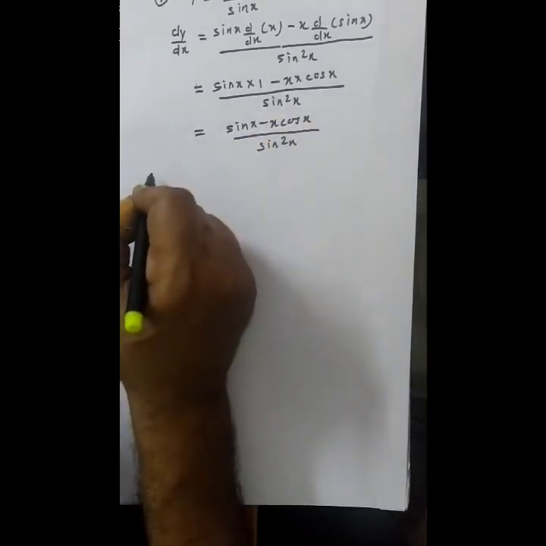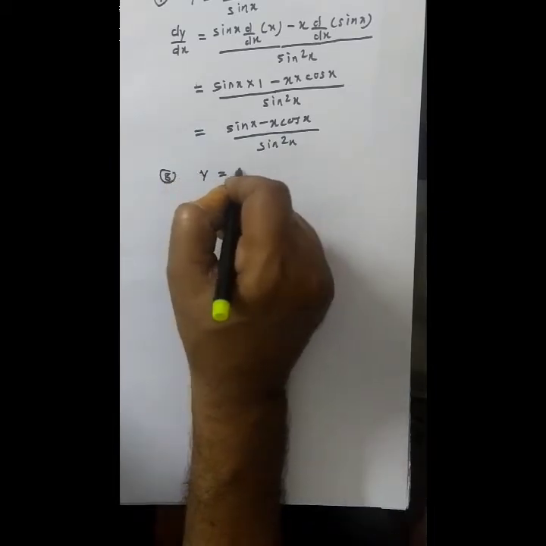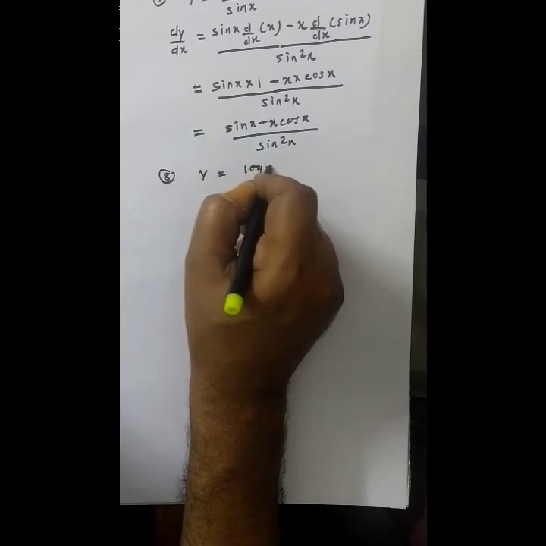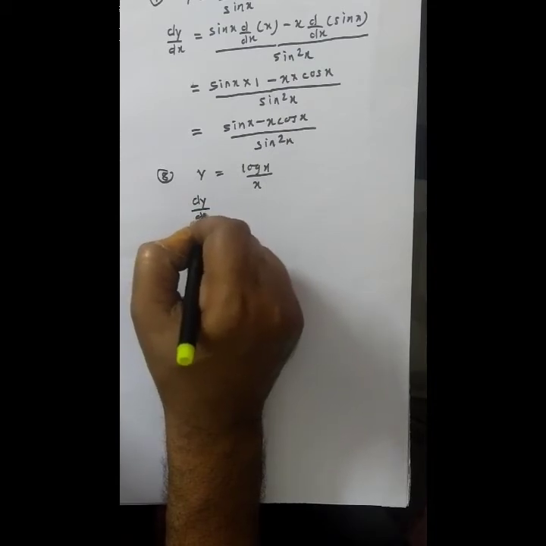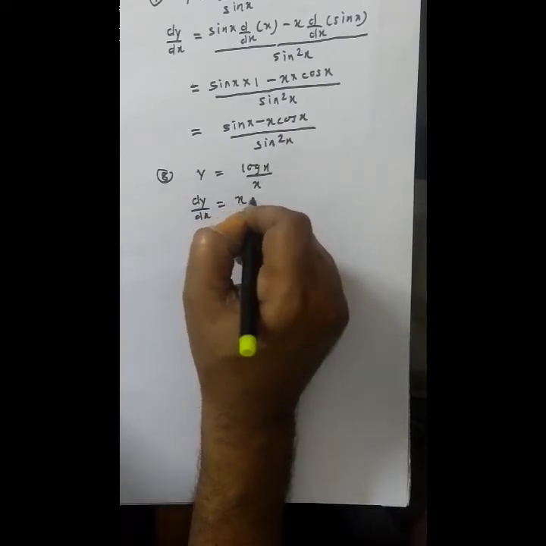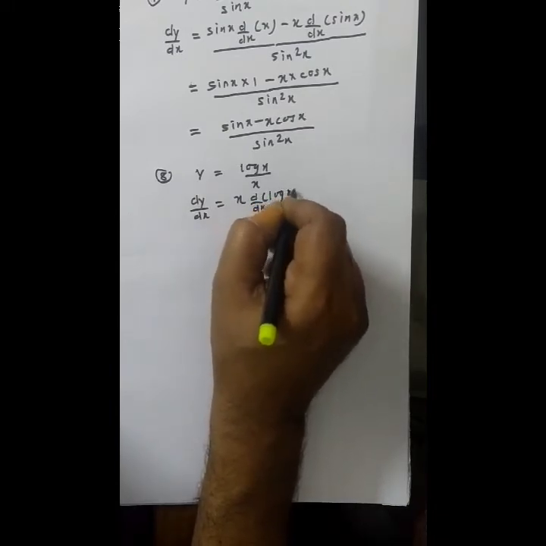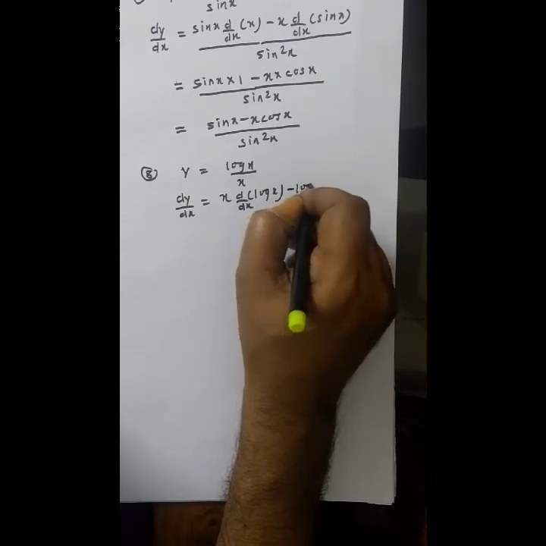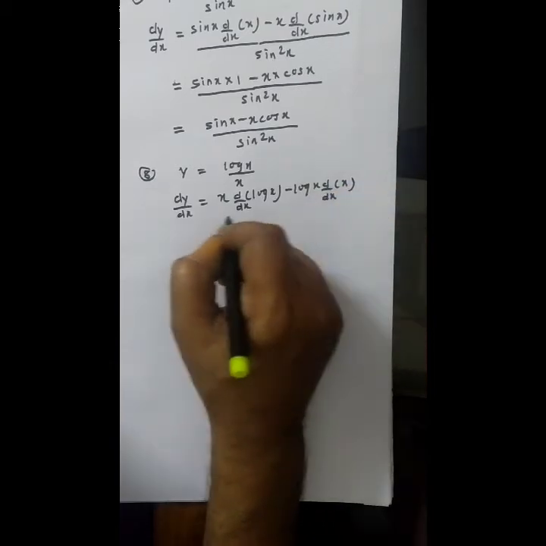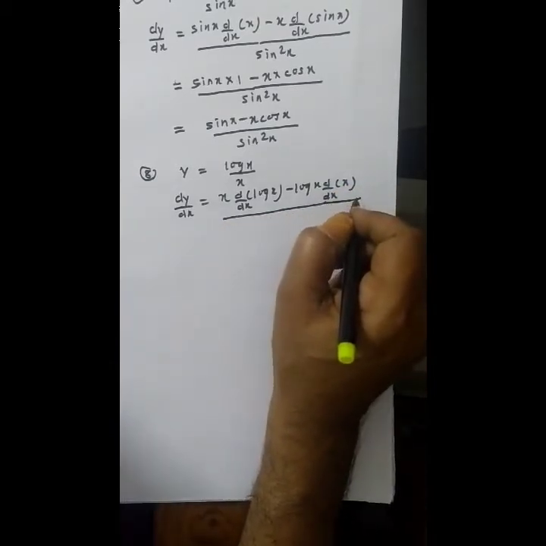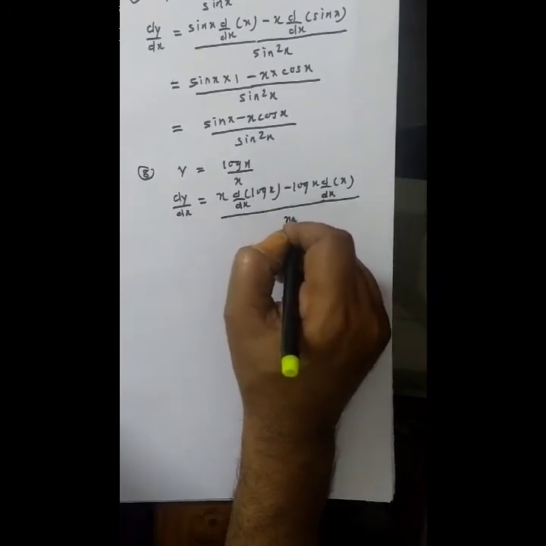Next we'll go for one more sum, same type. Y equals to log x divided by x. So dy by dx is again u by v. So it is v into derivative of u, x into d by dx of log x, minus log x into d by dx of x, divided by v square, that is x square.